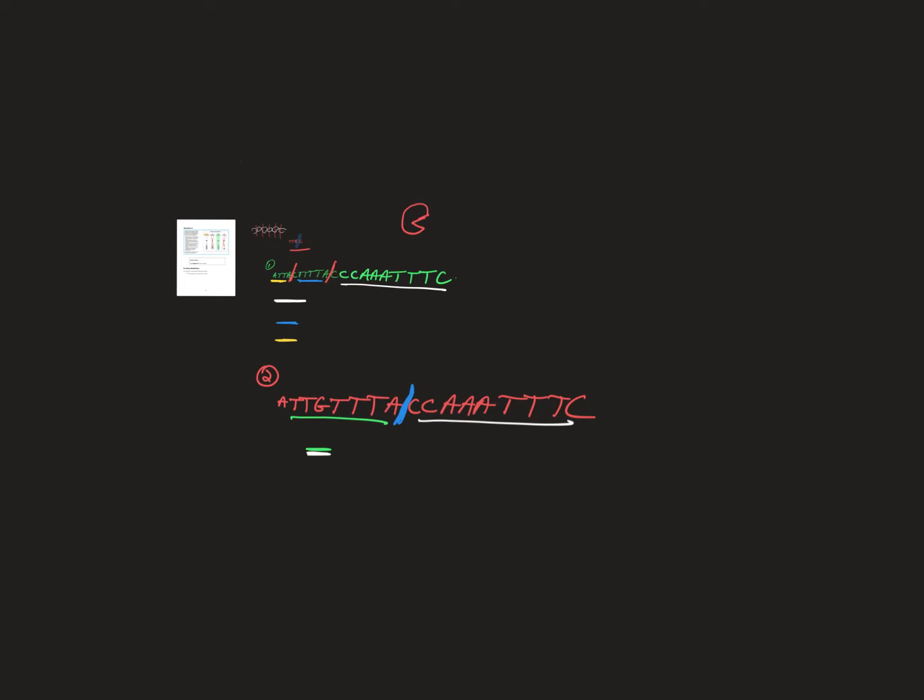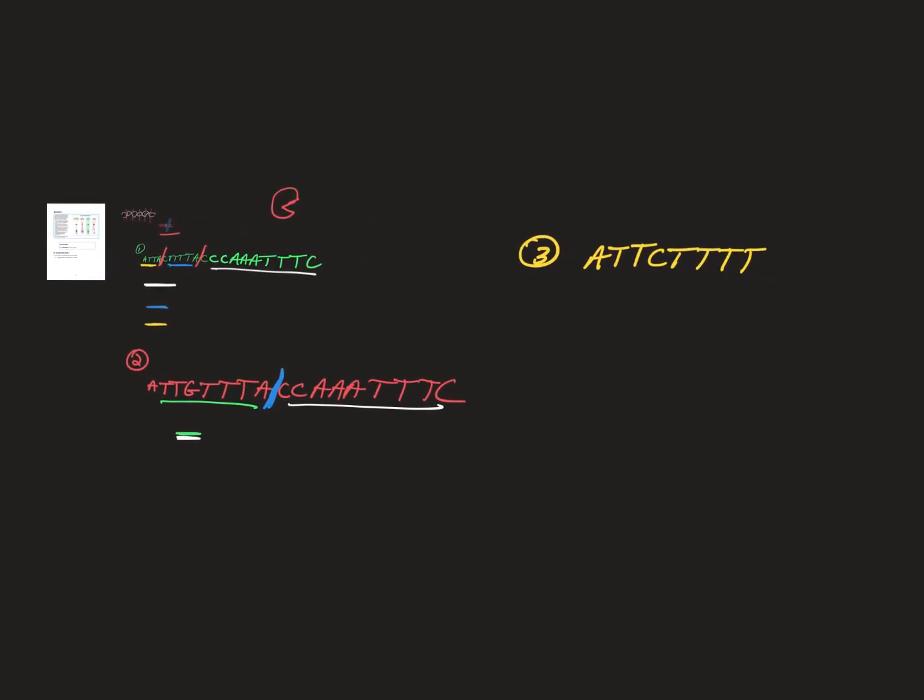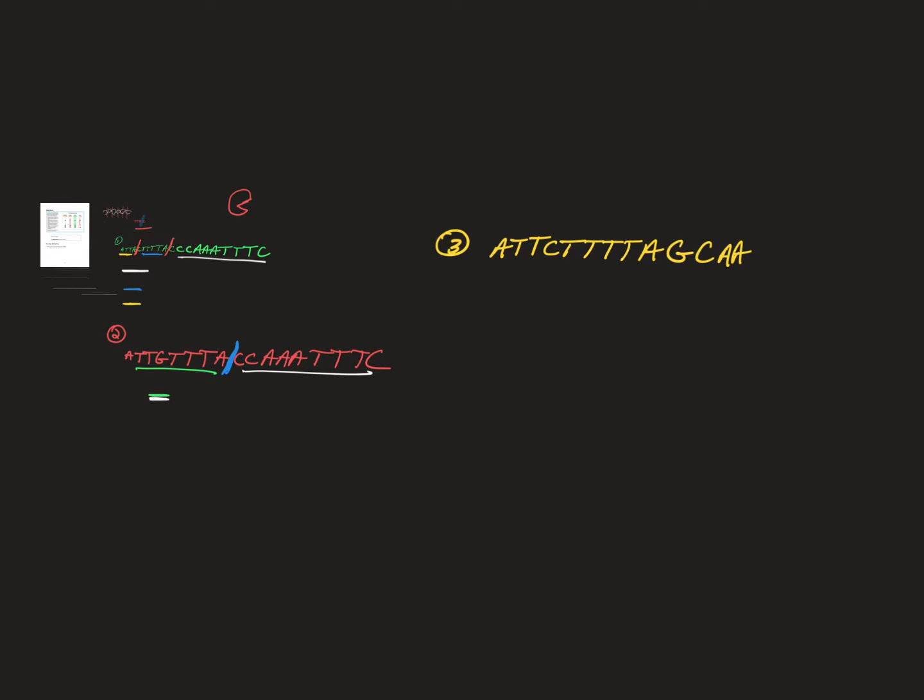Then what if you had a third example, like the problem we just had? And this third allele had A, T, T, C, let's say T, T, T, T, A, G, C, A, T, T, C. Well, that would have just one band, because there is no TTAC.